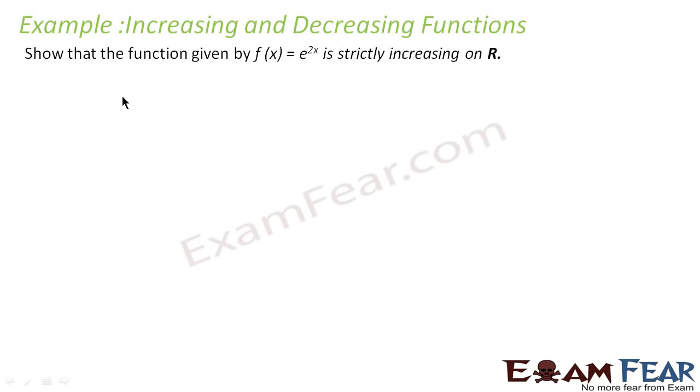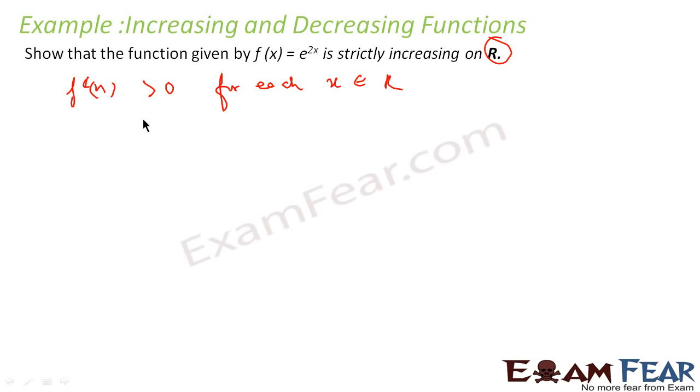Let's take one more example. Again we have this function, e to the power 2x. We have to prove that this is strictly increasing on R. Same thing, we have to prove that f dash x is always greater than 0 for each x that is a member of this domain, that is R. Please note, for each x.